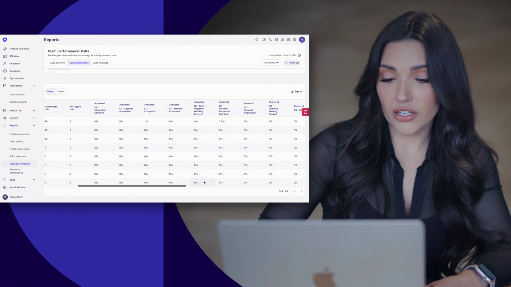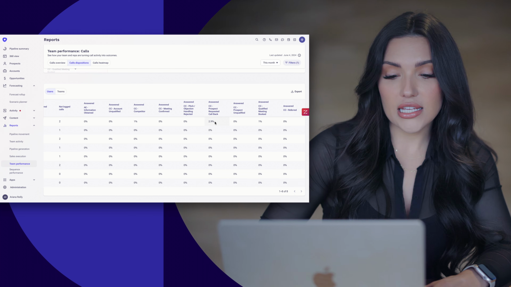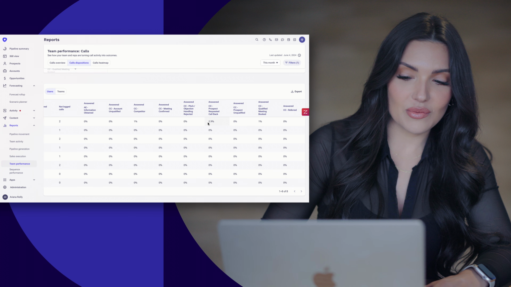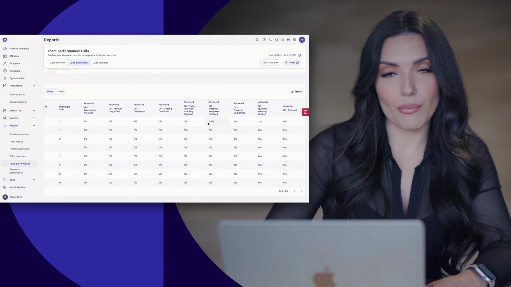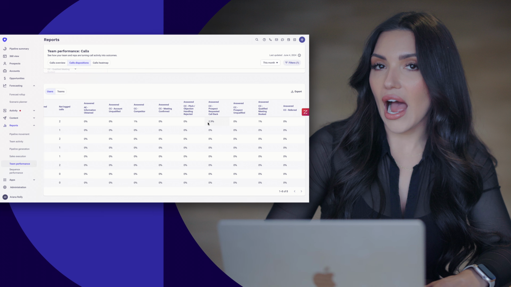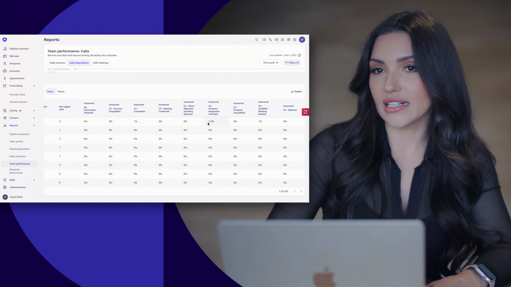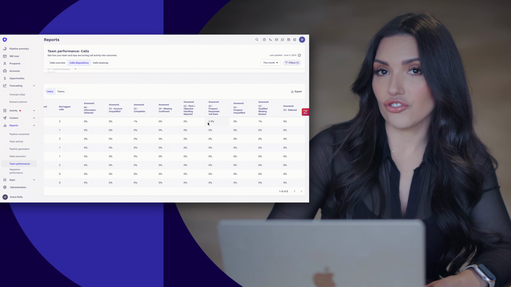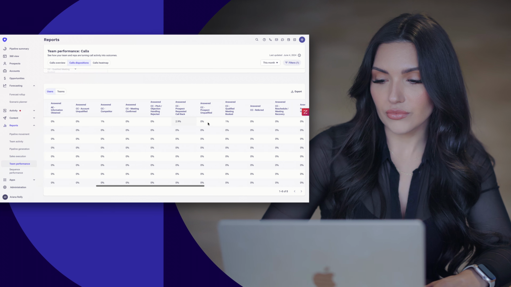I can see here through the dispositions, this specific person has a very high number of prospects requesting a call back. Is this because they're maybe having trouble overcoming objections? Do they need to be coached on how to overcome prospects saying to call back at a different time? Or maybe we need to look at when they're calling and potentially change the time of their calls.